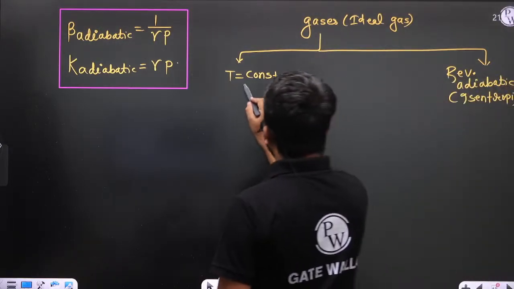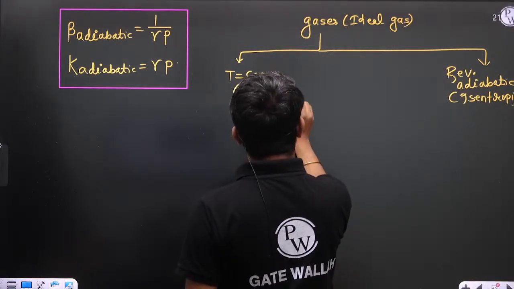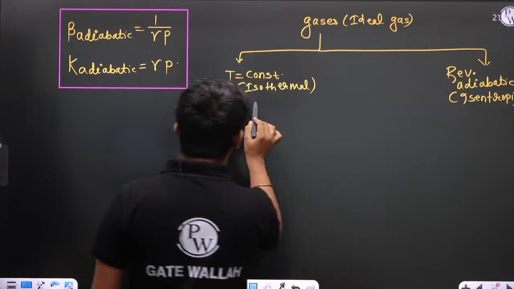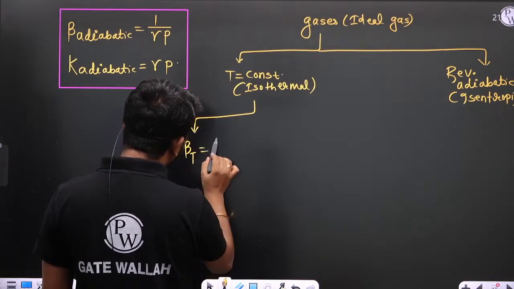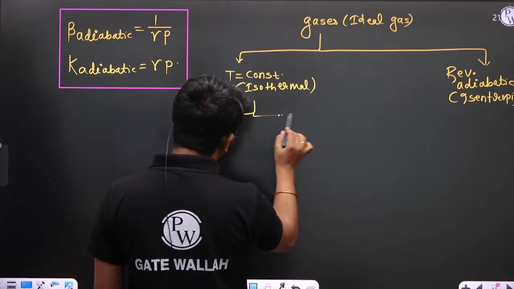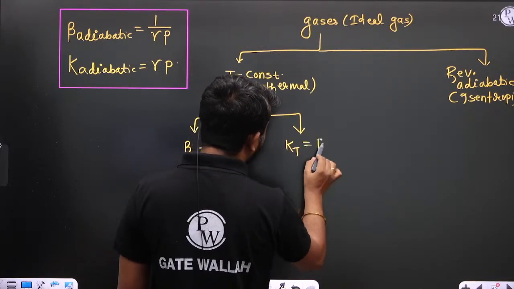The first is isothermal. If your process is isothermal, then beta T is 1 upon P, and the bulk modulus is P.